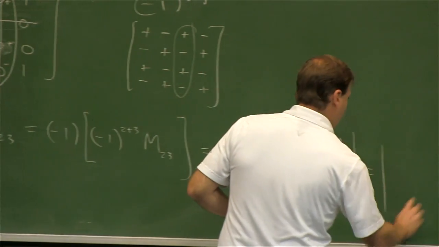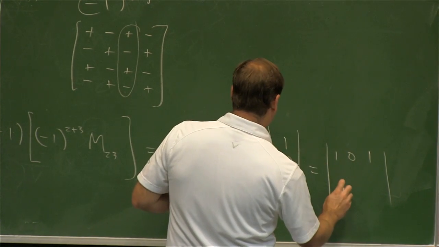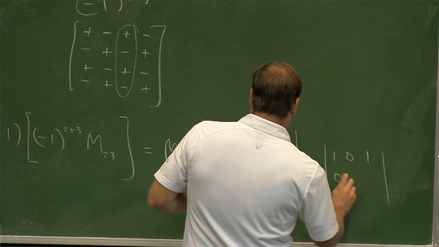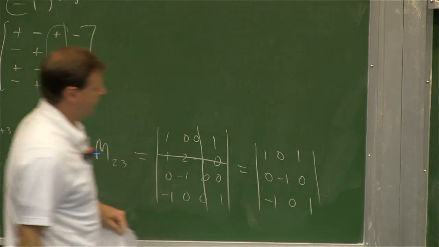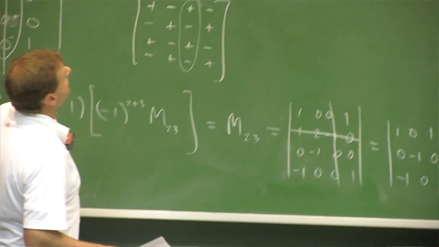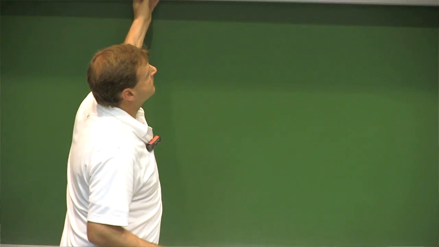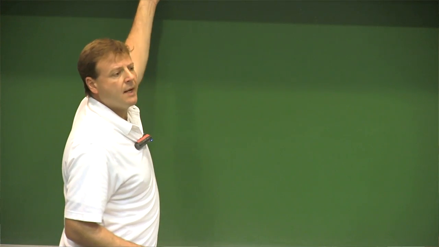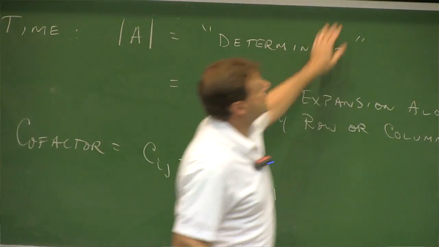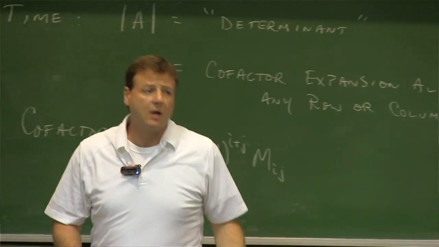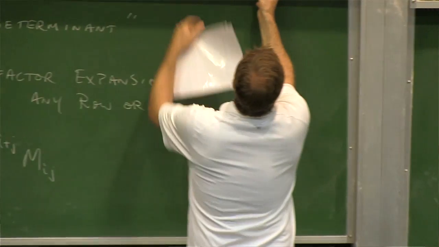So that's equivalent to this 3x3 matrix, 1, 0, 1, 0, negative 1, 0, negative 1, 0, 1. Okay, now we have to take the determinant of this 3x3 matrix, but you see we have the luxury of picking a row or a column, so I'm going to pick once again the one that makes the fewest amount of computations.